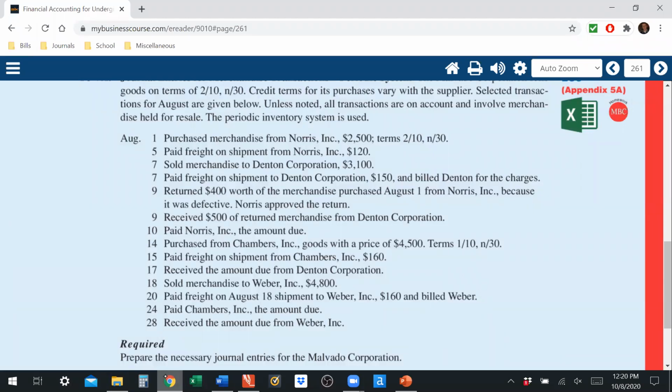And the word paid implies cash, if you haven't guessed that up to this point.